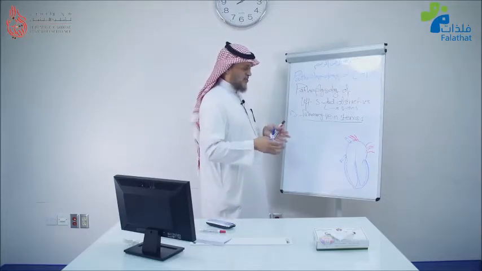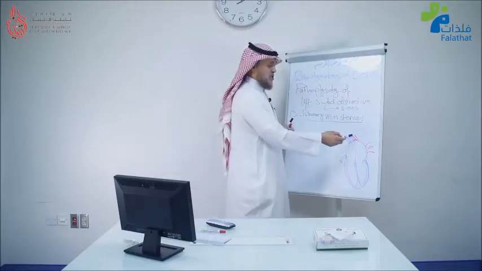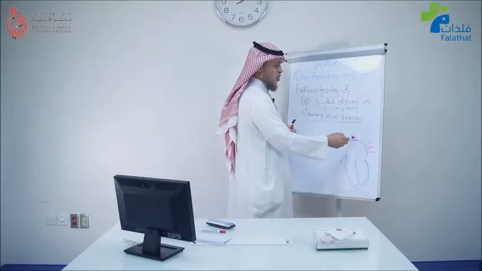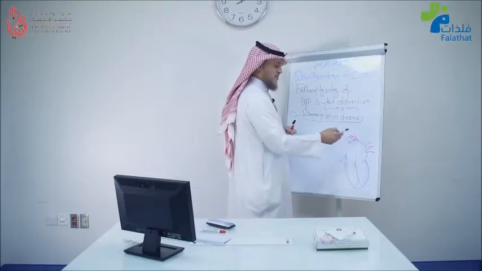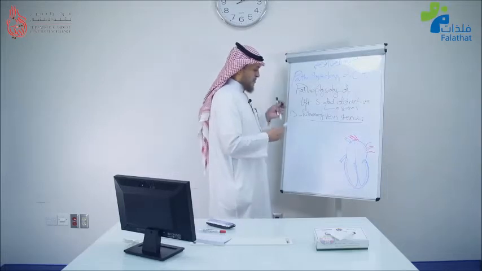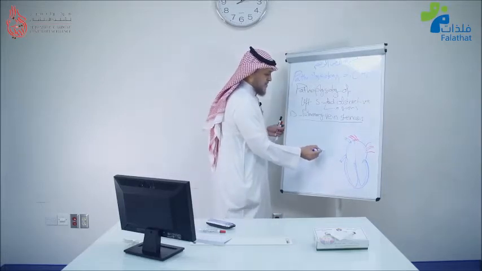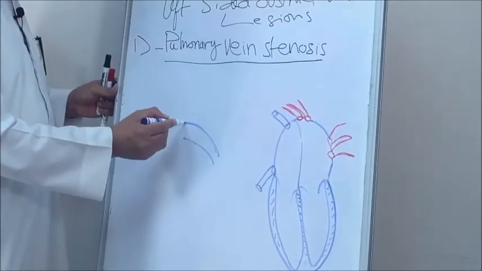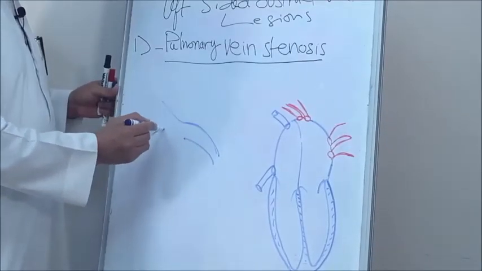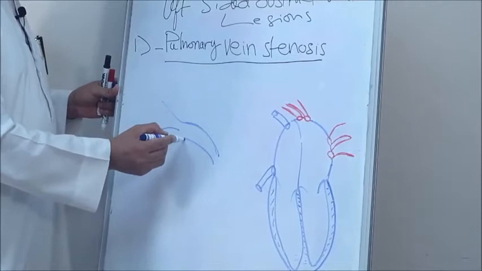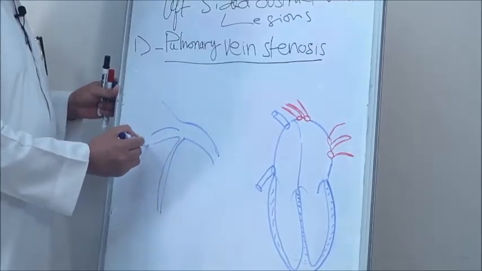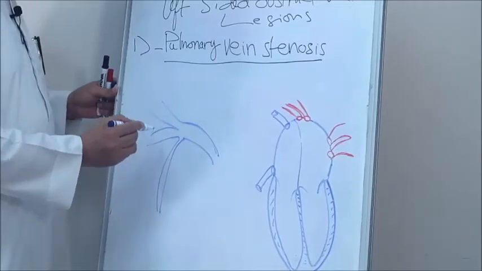Now let's talk about the real stuff. Let's say we have unilateral, right-sided, two-vein stenosis. The two veins are stenotic. So the right lung, this is the right pulmonary artery, with an upper lobe branch, a middle lobe branch, and a lower lobe branch.